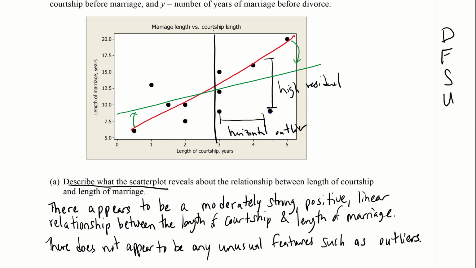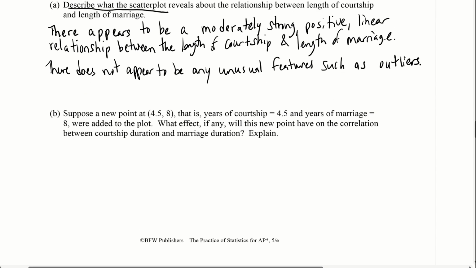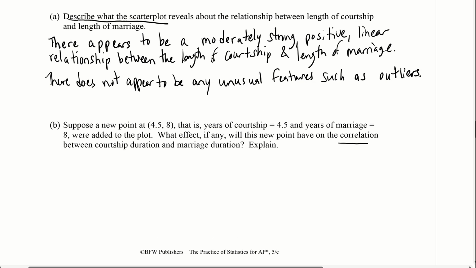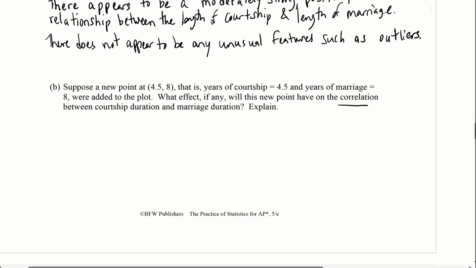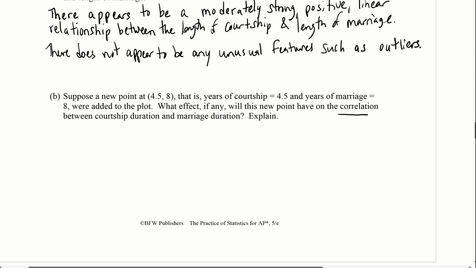Let's make sure we answer the question: they're not asking what effect it will have on the equation or the line, but what it will have on the correlation. Because this is an outlier, it's far away, it's high leverage, a horizontal outlier that strays from the data, it's going to decrease the correlation. It's going to make it worse.